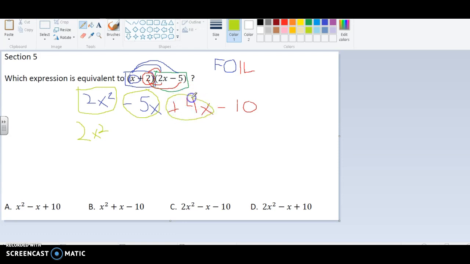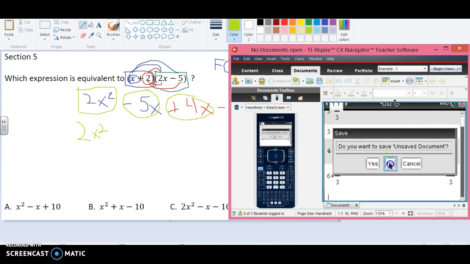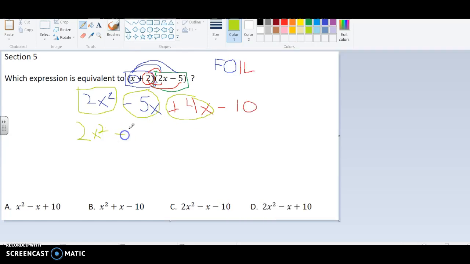I can combine those together. So -5 plus 4, check it in your calculator, please. We're going to have negative 5, and that's a positive 4, so plus 4 is negative 1. So that's going to be negative 1x. And then last but not least is minus 10.